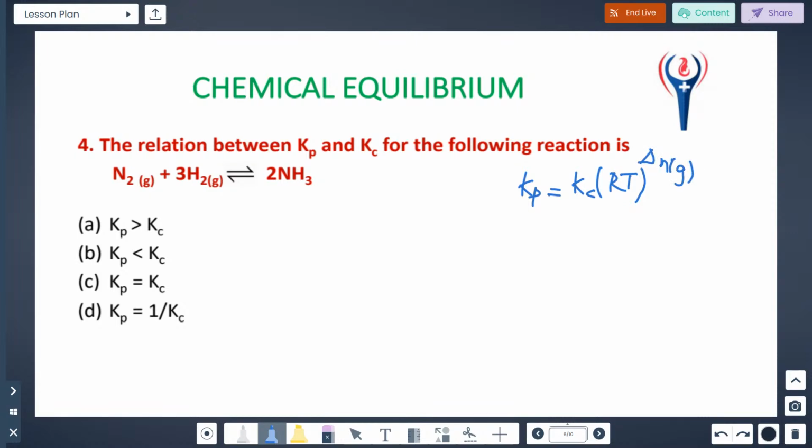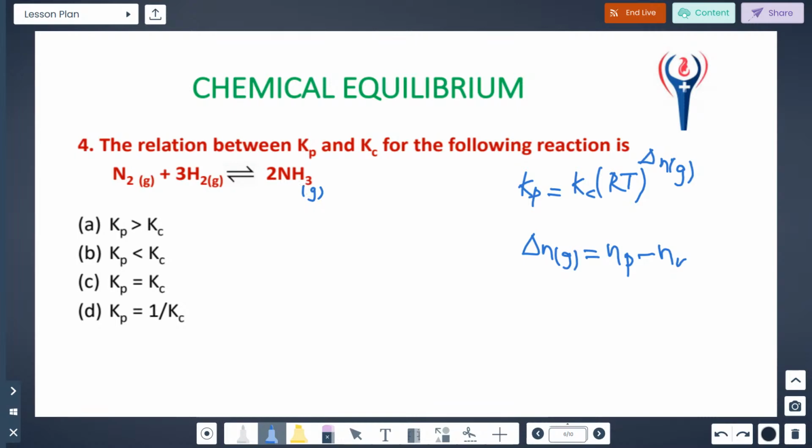What is delta ng? Change in number of moles of product minus number of moles of reactant. Simply remember, np minus nr. Here, how many moles of product? 2 moles.